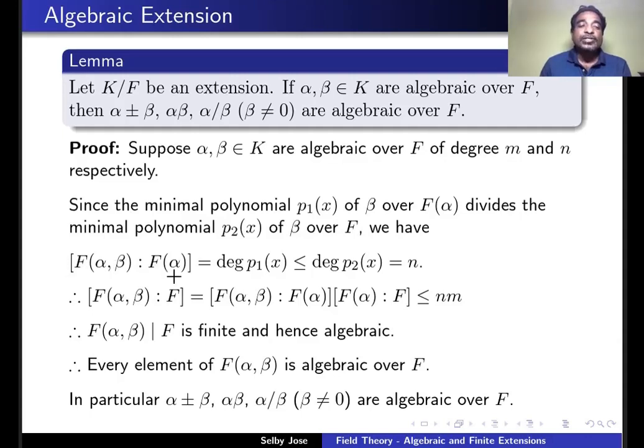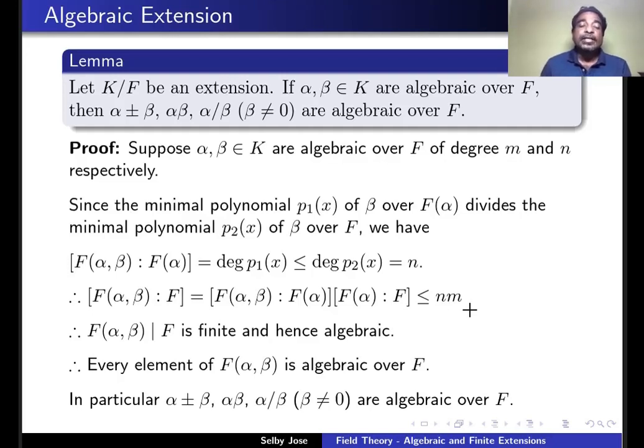Therefore, the degree of the extension F(alpha, beta) over F(alpha), which is the same as the degree of the polynomial p1(x), is less than or equal to the degree of p2(x), which is n. So by the formula for the degree of the tower of extensions, the degree of F(alpha, beta) over F is the same as the degree of F(alpha, beta) over F(alpha) times the degree of F(alpha) over F, which is less than or equal to m times n.